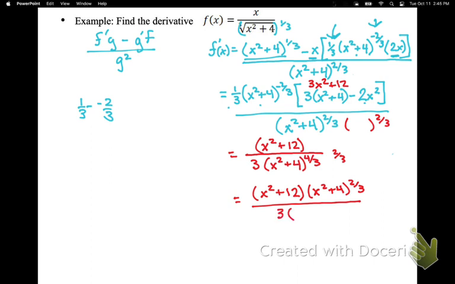And then 4 plus 2 would be 6, divided by 3 would be 2. And if you don't want the fractional exponent, what would it change to? Cube root of the whole thing squared. Yep.